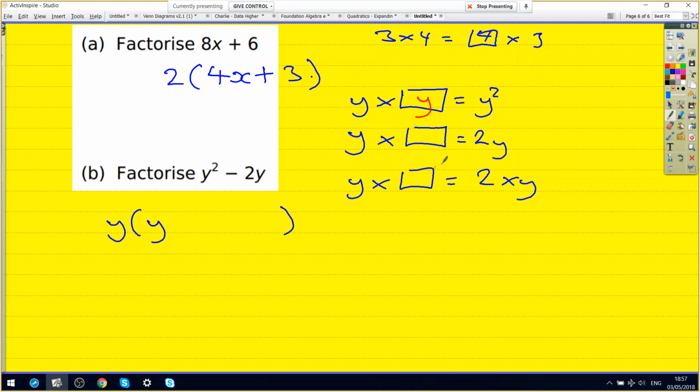So y times what equals 2 times y? Nope. 2. Y times 2. 2 times y, same thing. Okay. And so 2 was multiplied by y to give 2y. And what is the sign in the middle?